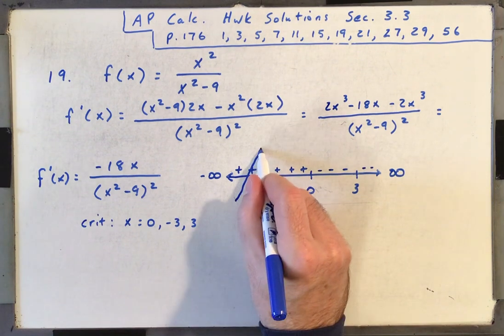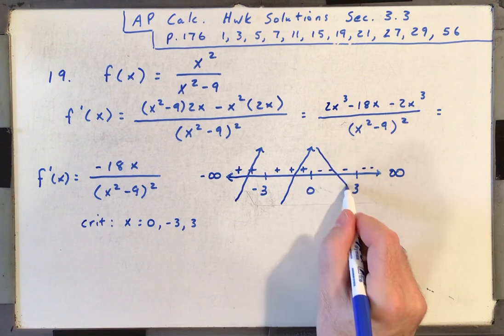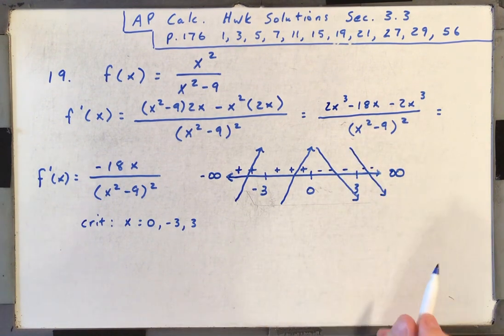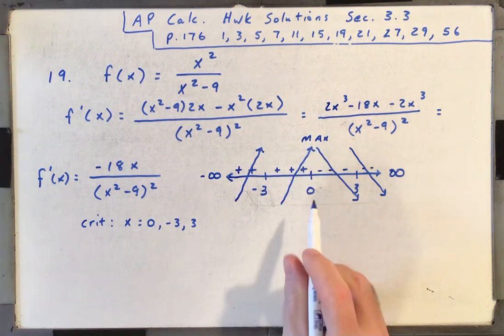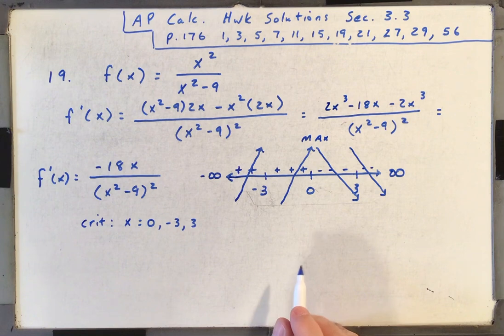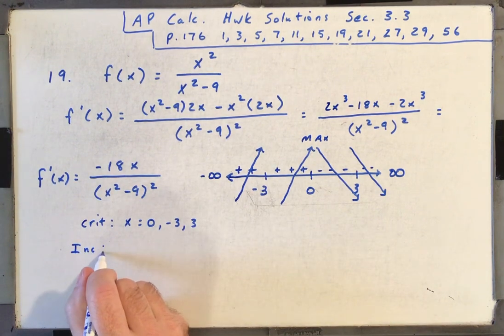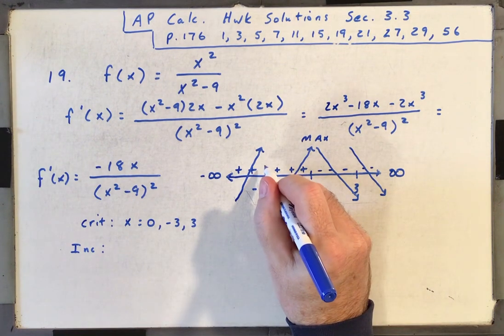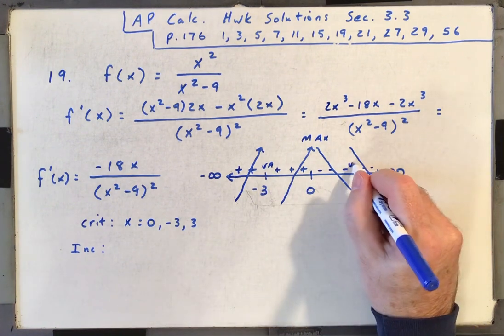So I have something that looks like this, that, and that. We do have a max. The lines come together at 0. So we are increasing. Now we do have an asymptote at -3, vertical asymptote there. And we have a vertical asymptote there.